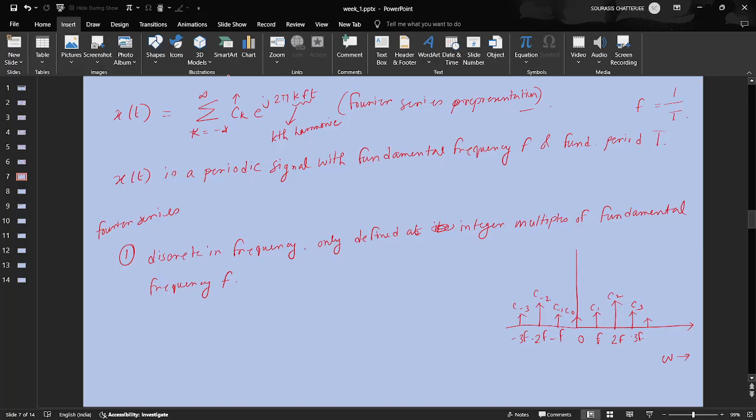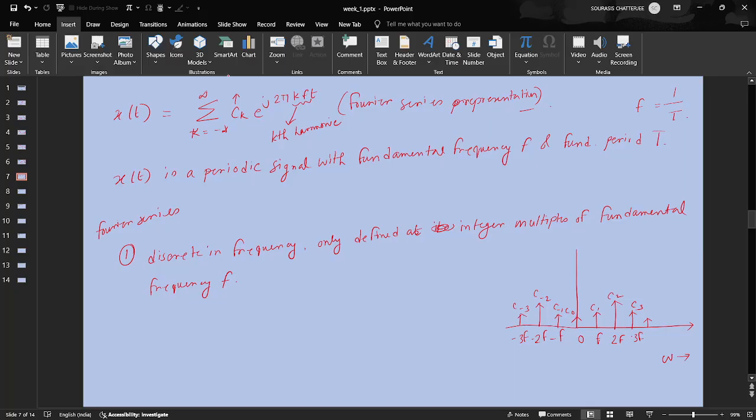So x(t) as of now is seen as a function of time, but we say x(t) is a periodic signal with fundamental period T. That means fundamental period and fundamental frequency are always connected. Whenever you say it's periodic with fundamental period T, that means its fundamental frequency is 1 over T, that we denote as f. Now if we go for the frequency domain representation, we need the Fourier series. The Fourier series is only applicable when you are going for frequency domain representation of periodic signals.